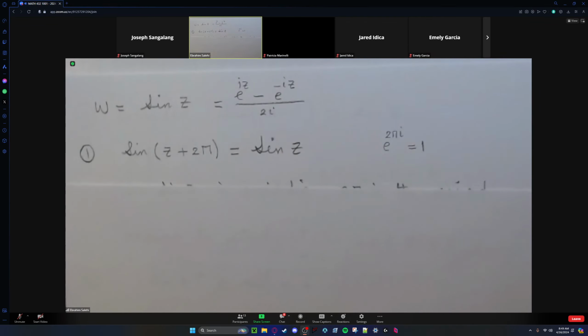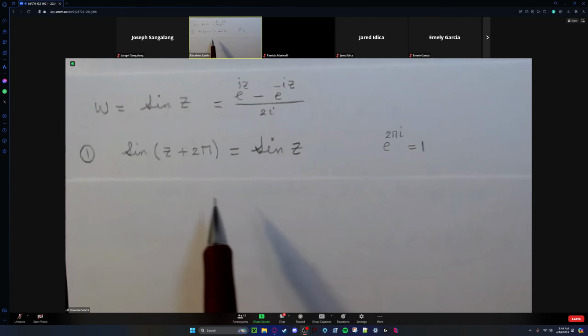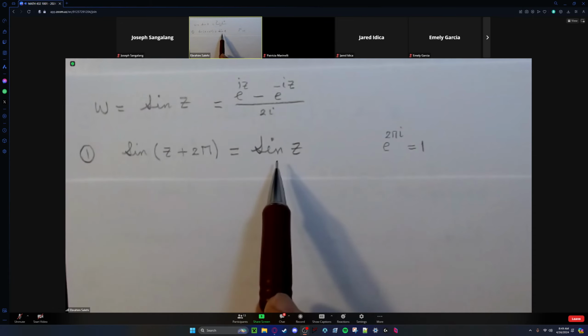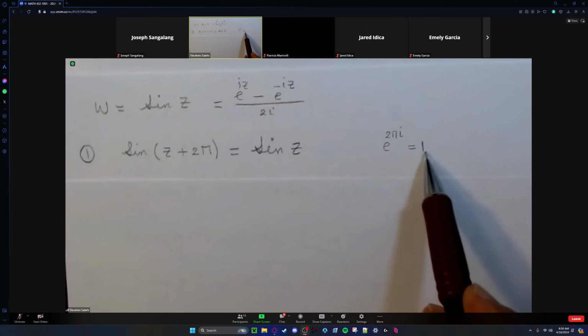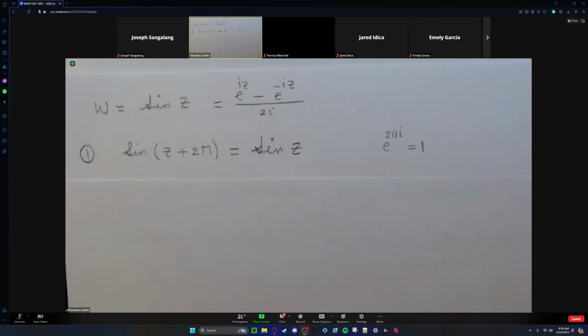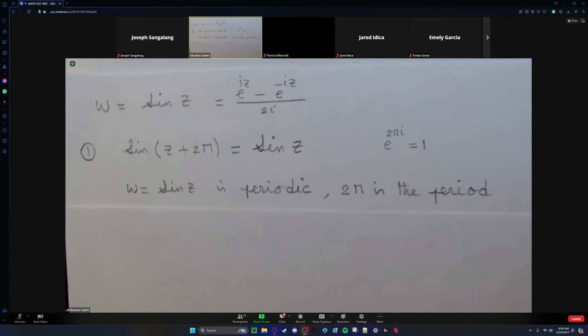again, we need to remember the properties of sine z. Sine z is certainly a periodic function. And that comes from the fact that e to the 2 pi i is 1. So being a periodic function, the period is 2 pi.